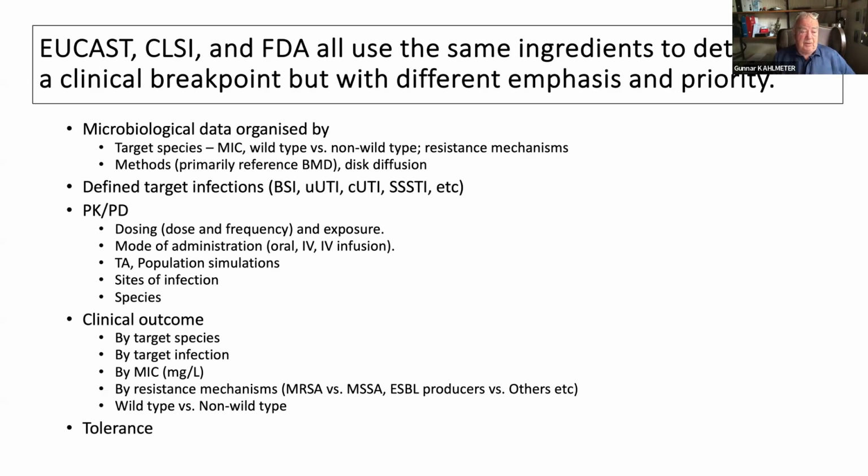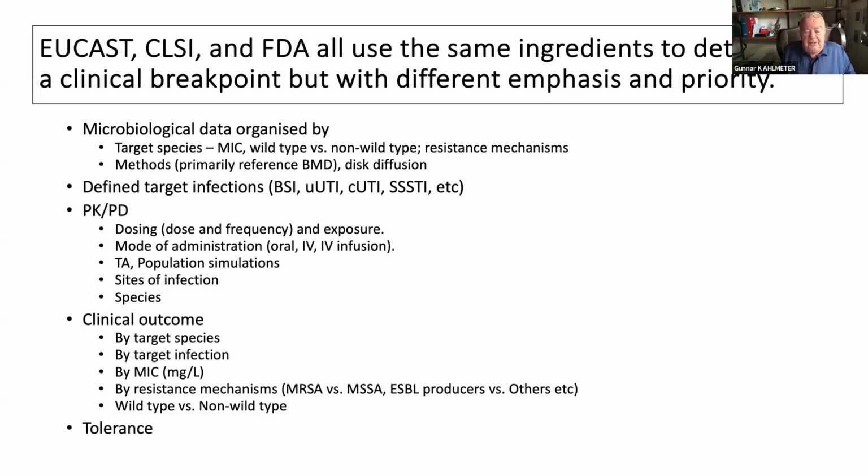Otherwise, both committees, or all 3 committees, because FDA sets their own breakpoints, use the same tools. We need the microbiological data, we need MIC distributions, and we need to know which infections are relevant or considered relevant, and we need to know what there is to know about PK, pharmacokinetics, and pharmacodynamics, and we need to know what dose is planned to be registered, and what that dose will do to exposure at the sites of different infections.